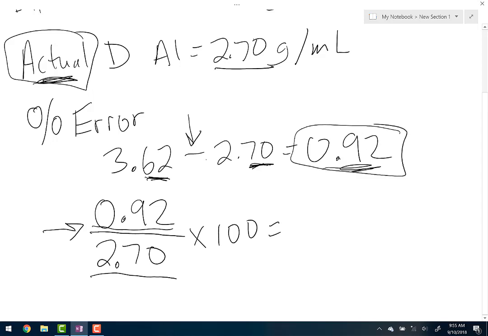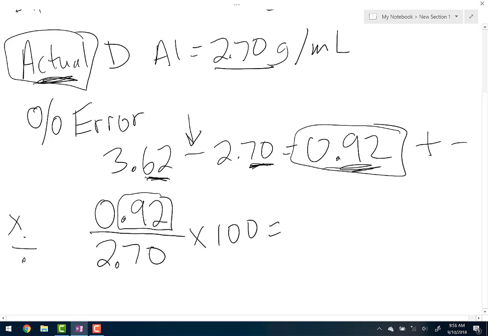And the only reason I looked at that now is because I knew I was switching rules from the plus-minus rules to the multiplication-division rules. Now that I'm dividing the 0.92 by 2.70, I have to look and go, oh, this number only has 2 significant figures. Even though this one has 3, remember your answer can only be as good as your worst measurement.